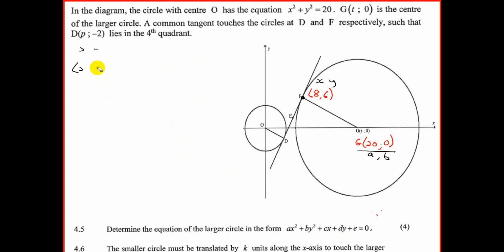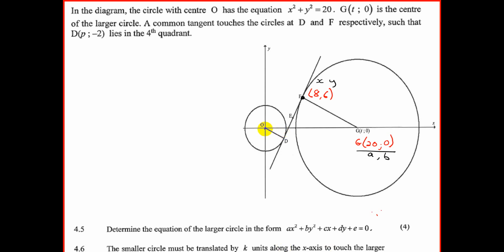Okay, and the question which we've already read, if you haven't read it, let's quickly remind you. The smaller circle must be translated by k units, so it must be moved by k units along the x-axis to touch the larger circle internally. Calculate the possible values of k.